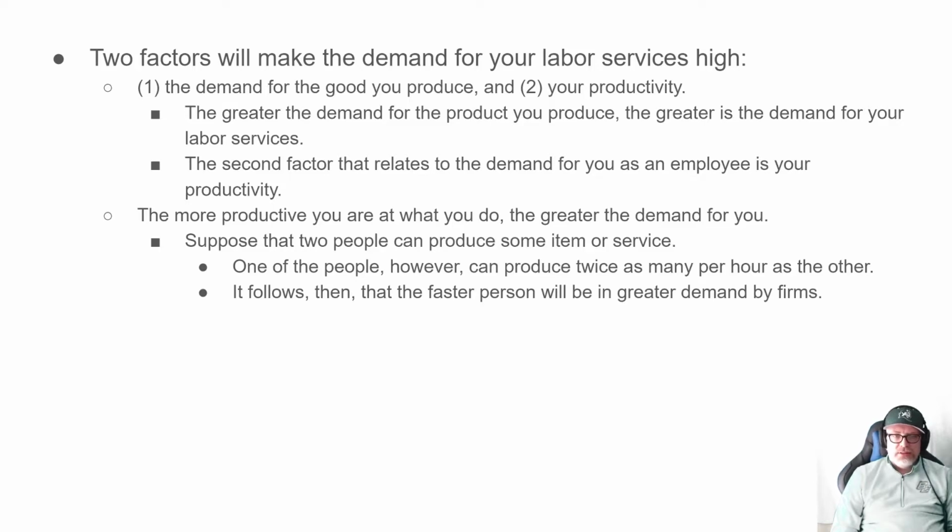The second factor that relates to demand for you as an employee is your productivity. The more productive you are at what you do, the greater the demand for you. All productivity means is your ability to get something done. If you have two people doing the same job and one person shows a greater aptitude, meaning they're more productive, they're likely to get rewarded for that.